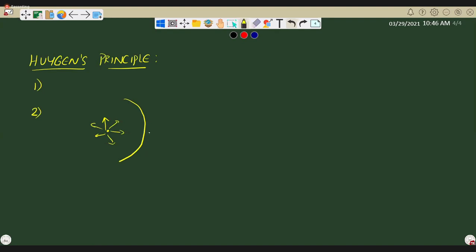From here, if I take these points, they act as a secondary source of light. So again a spherical wave forms.